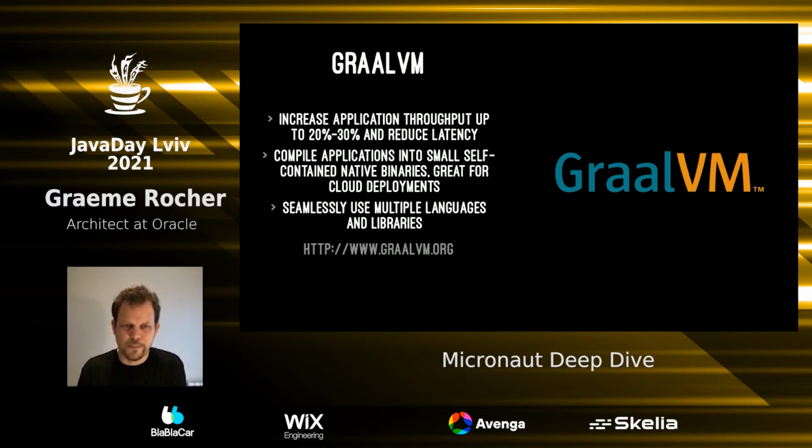So what is GraalVM? GraalVM is essentially a new virtual machine out of Oracle Labs, which is where I work, and it's able to increase your application throughput in JIT mode. So you can plug into the JIT compiler and replace the existing JIT and reduce latency in your application by between 20 and 30%.